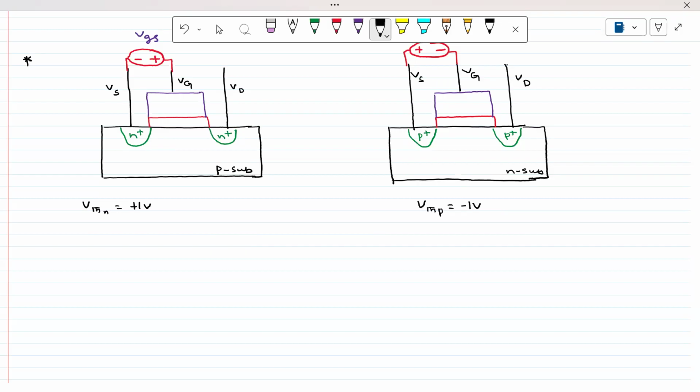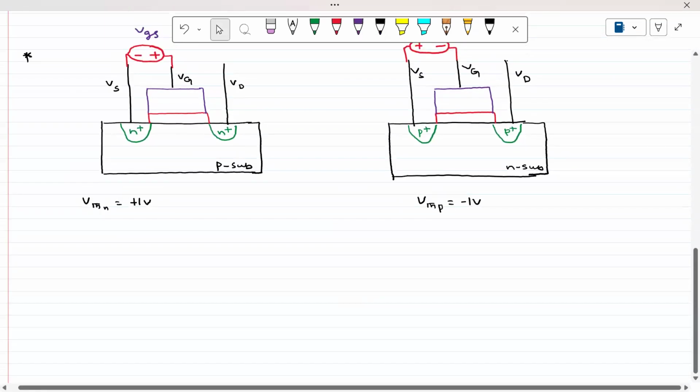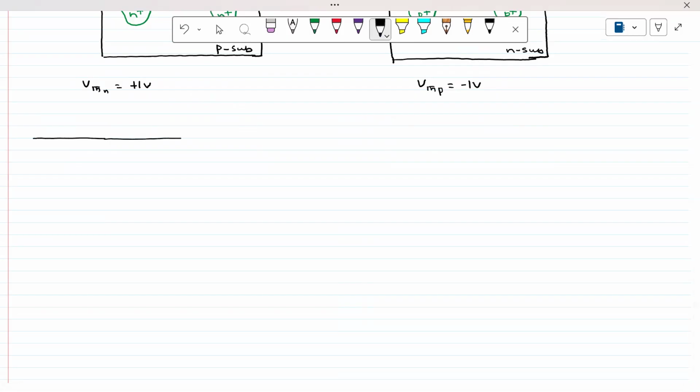So VTHN is equal to 1 volt and VTHP is minus 1 volt. What is happening here? Let us take a simple scale. This is very important, don't get confused later. Let us consider this is 0.